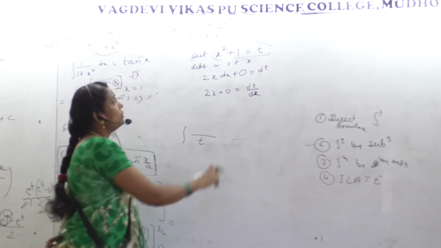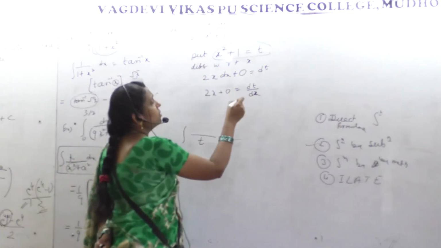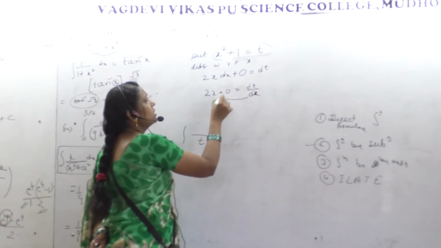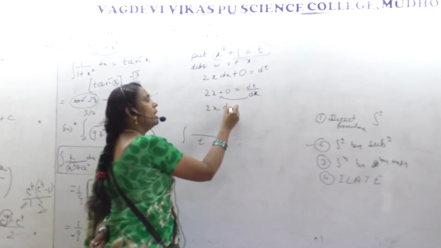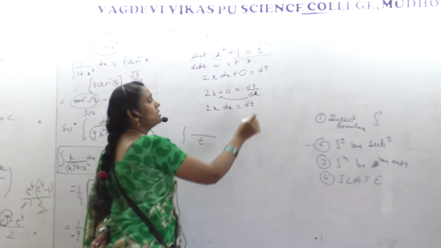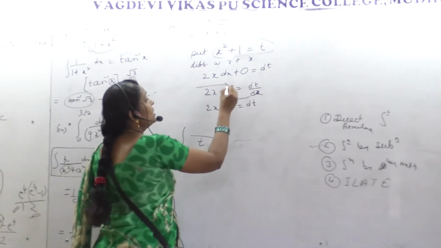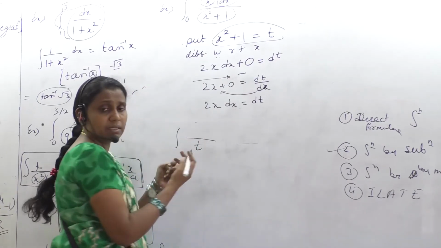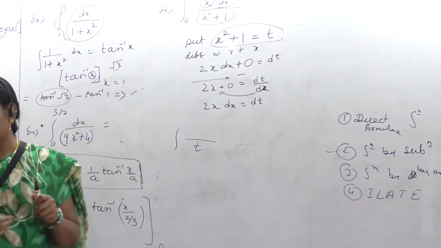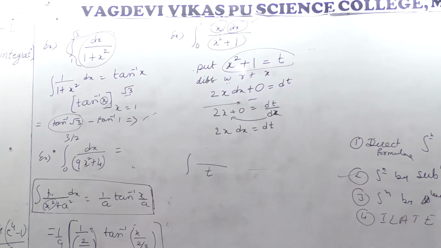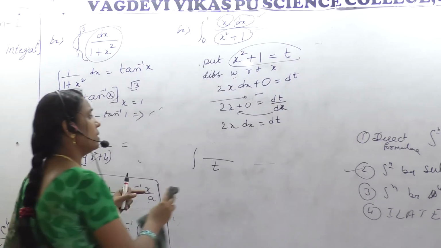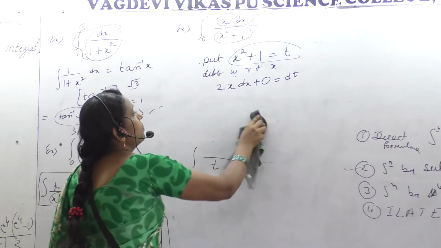But we don't have a dt by dx expression, so we will write 2x into dx is equal to dt. You can go by this or that, it is your choice, but by both procedures you will get the same replacement, no worries.